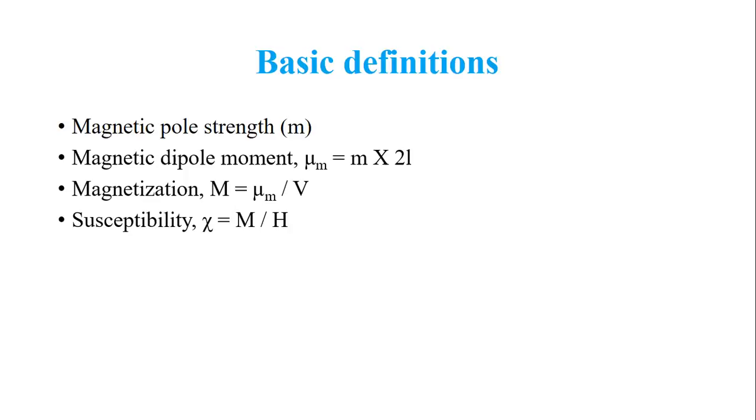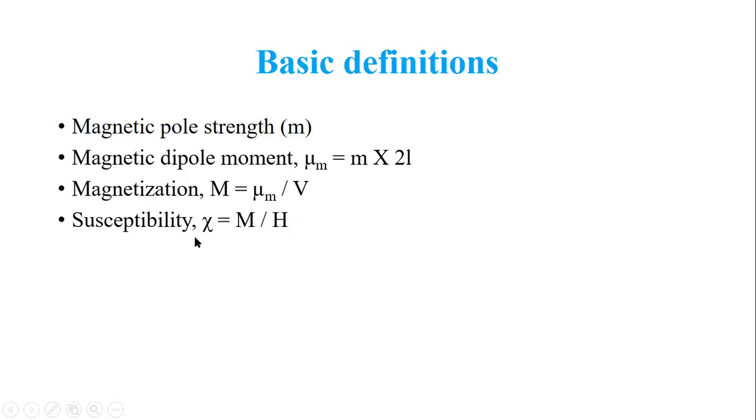The product of magnetic pole strength and magnetic length is defined as magnetic dipole moment, and the magnetic dipole moment induced per unit volume is called magnetization. And the magnetization induced or developed in a magnetic material with the application of a field of strength H is what is called susceptibility.